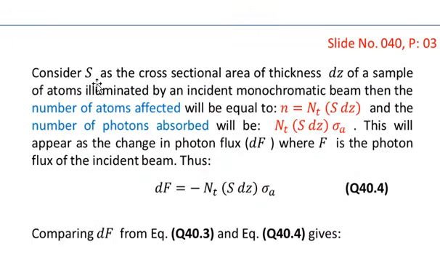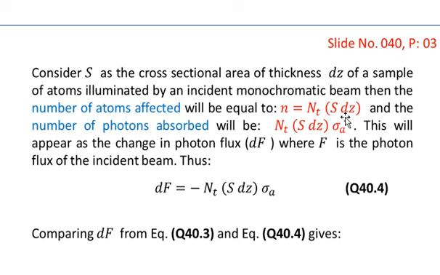Now consider capital S as the cross-sectional area of a thickness dz of a sample of atoms illuminated by an incident monochromatic beam. Then the number of atoms affected, represented by small n, is equal to NT times S times dz.